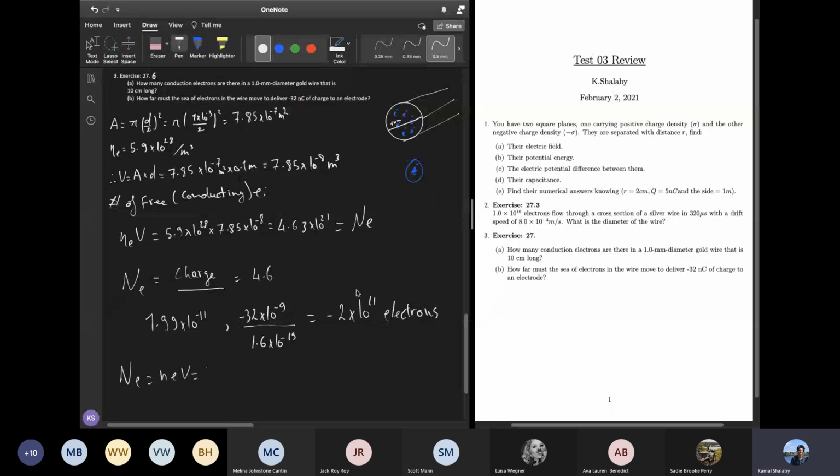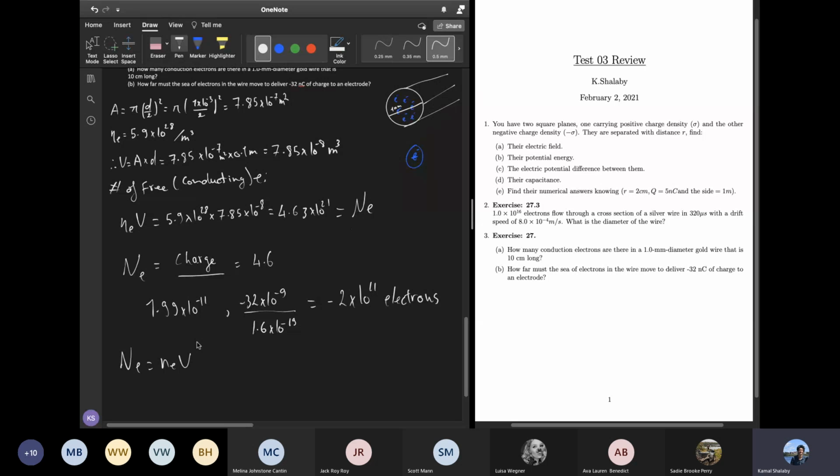Okay, so we do have this as being the big Ne, and big Ne is equal to small ne multiplied by the volume, and the small ne is given to us, so that means the volume is equal to big Ne over small ne.